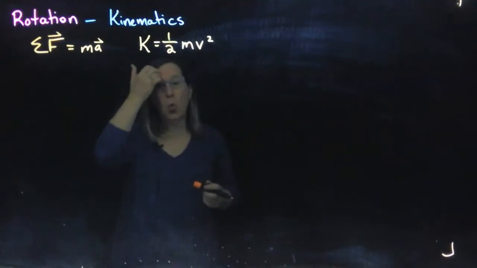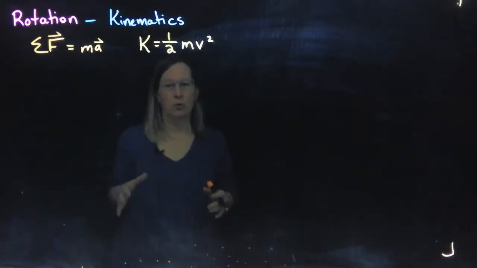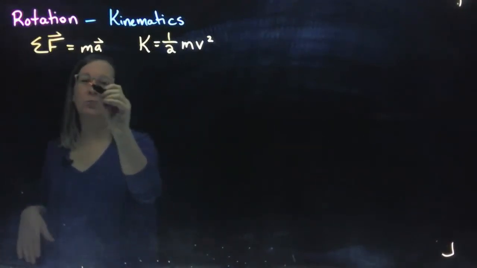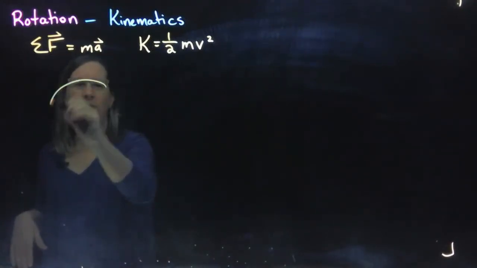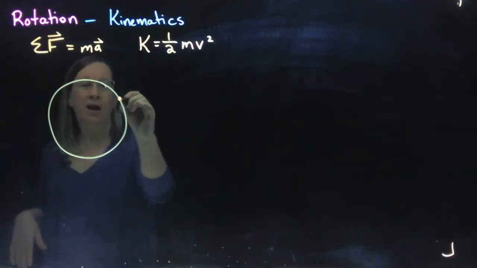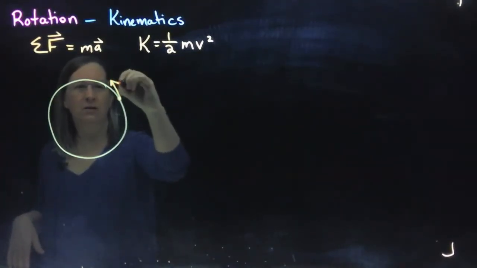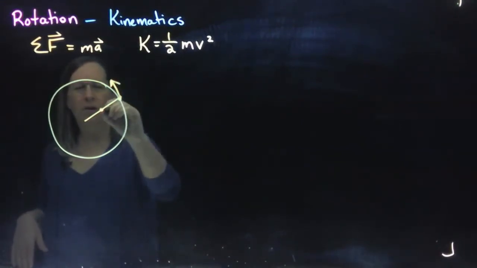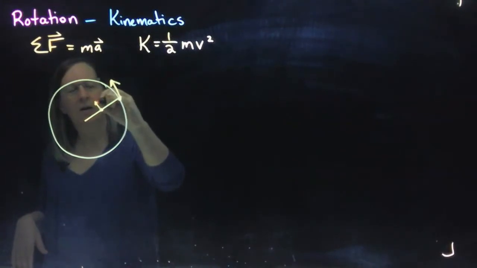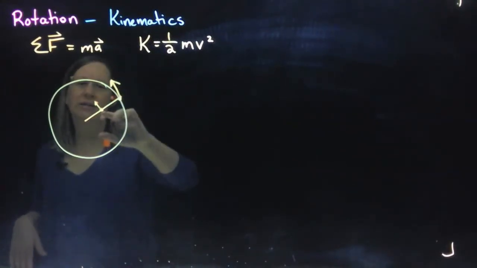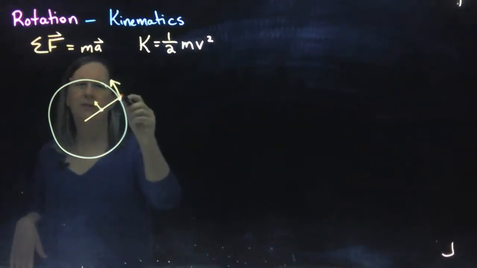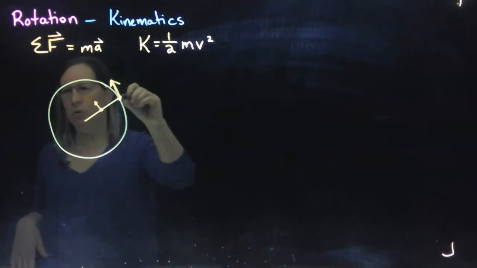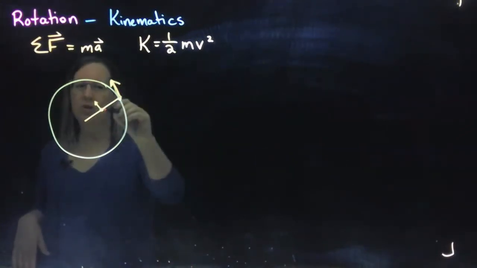And this gets to why we even have different variables for rotational motion. I mean, after all, V works perfectly well. If I have something that's going around in a circle, I can talk about its velocity, right? It's at that point. Or if I'm on this line, I can talk about the velocity here. The difference is that the velocity is different the further out you get, because in the same amount of time, in one revolution, this outside one goes 2 pi times its radius, which is bigger than this one.